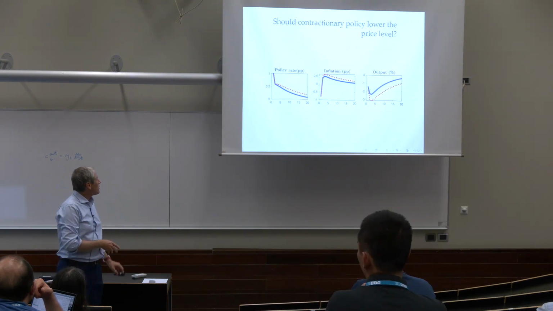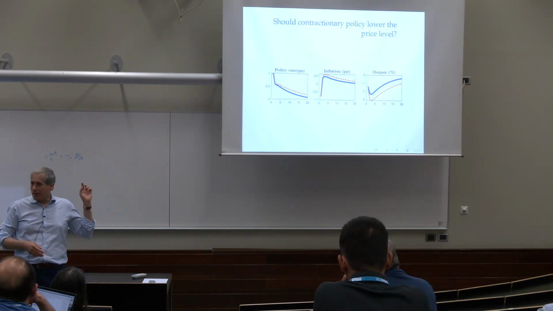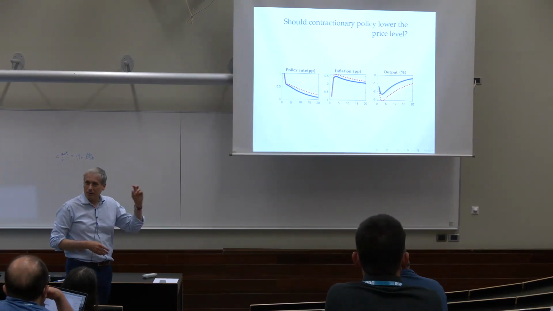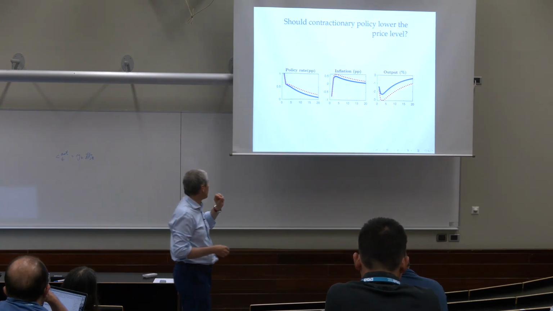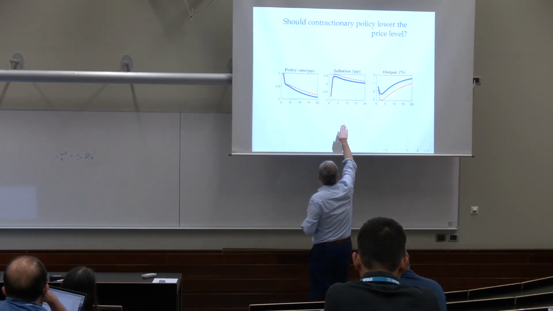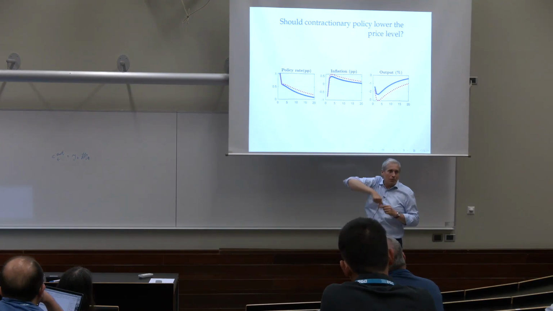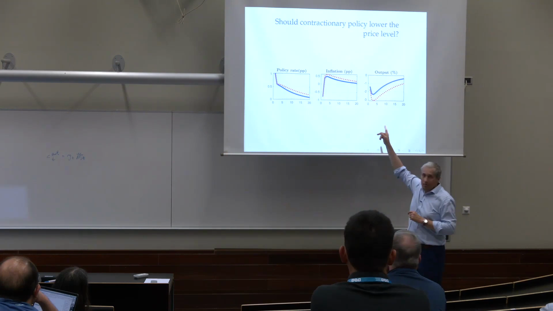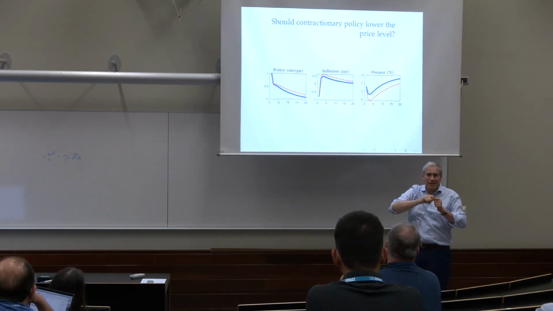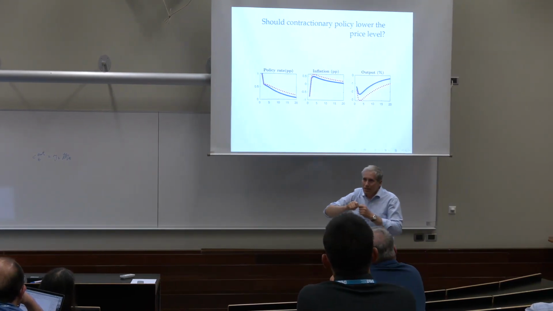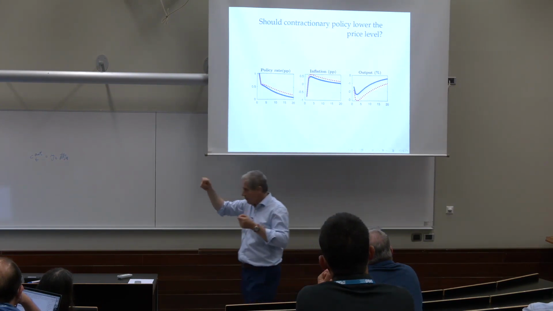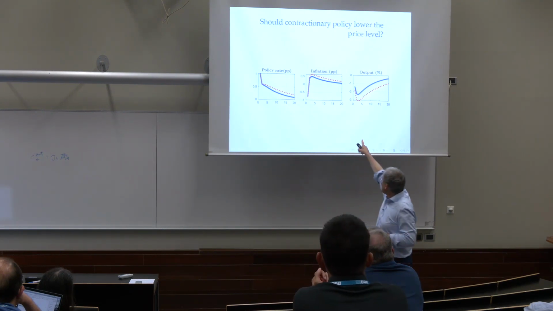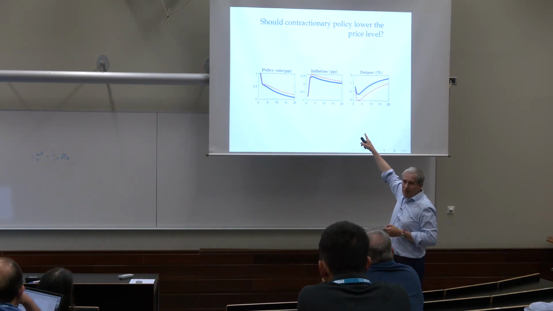When I look at the impact of a contractionary monetary policy, so an exogenous raise in the nominal interest rate, what we get is this picture where inflation goes down initially and then is positive. And my reading of this plot is that if I plot the price level, you would end up at a higher price level than where you started with. Because inflation is positive for 20 periods, and it is significant.